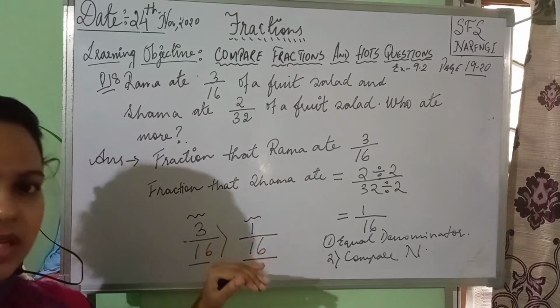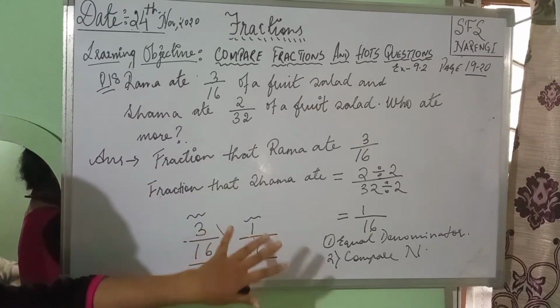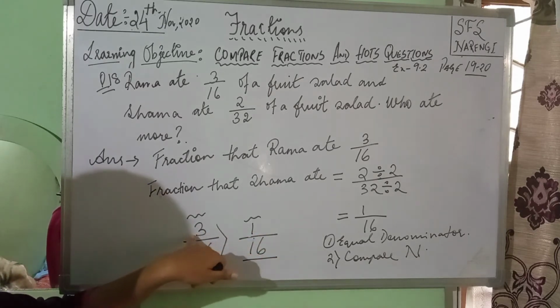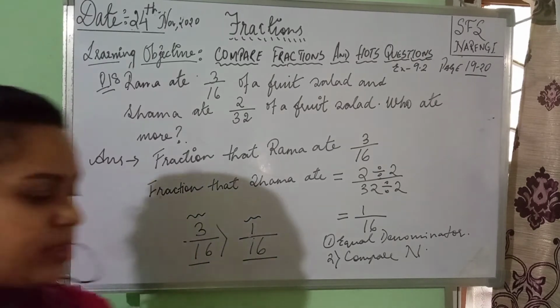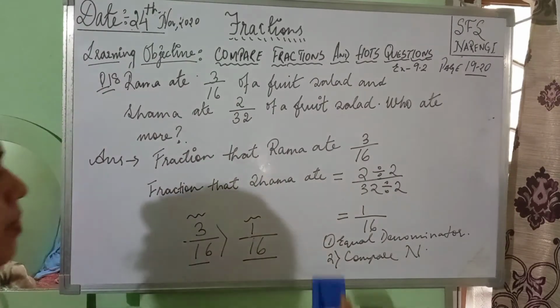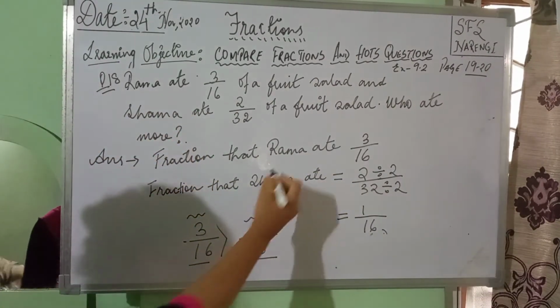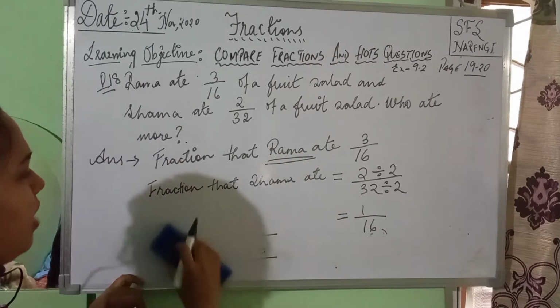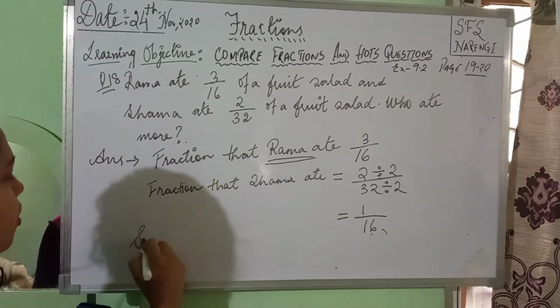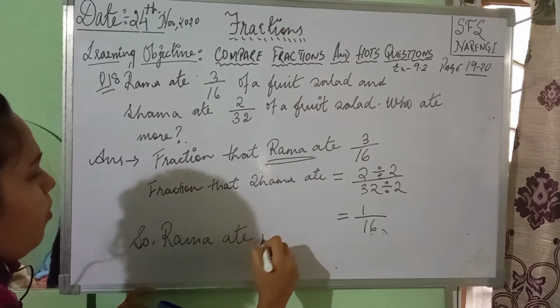Once the denominators are equal, you have to see which numerator is big and which numerator is small. Since 3 is greater than 1, I will say that 3/16 is greater than 1/16. Who ate 3/16 of the fruit salad? Rama ate 3/16 of the fruit salad, right? So I can say Rama ate more.